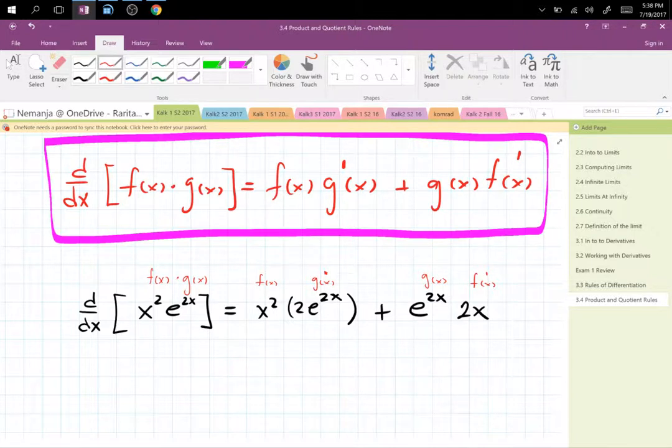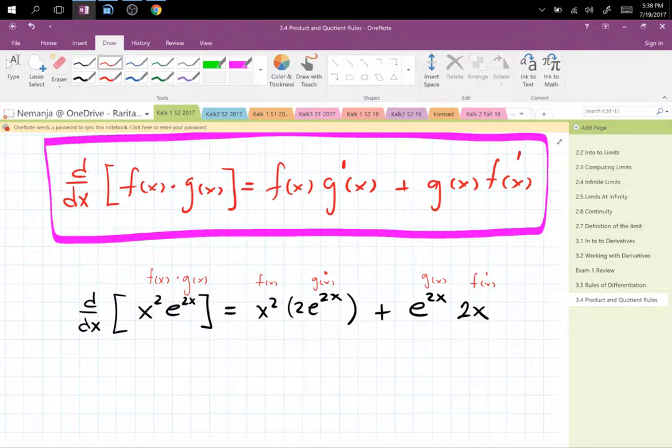You look at the function, and then you say the first one is f, the second one is g, fg prime plus gf prime. If you don't learn the formula, obviously you can't do anything. Where did the 2 come from in front of the x squared? The derivative of e to the ax is a e to the ax. Last class. Yep.